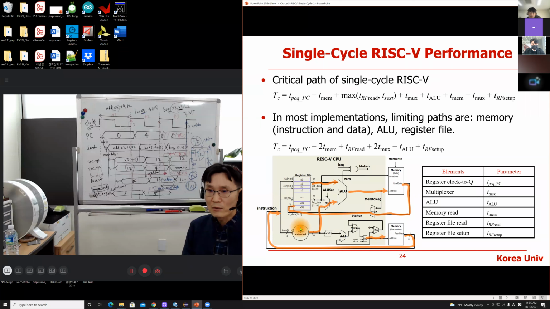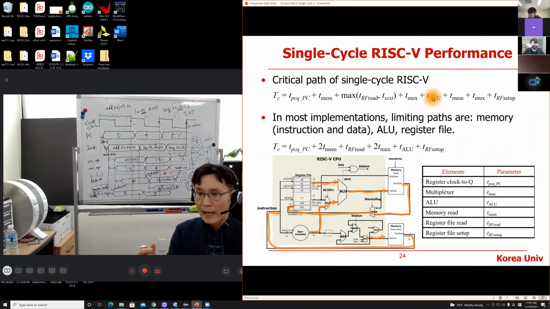Which one is taking longer? I think the register file, because it is a big component compared to sign extension logic, which is very simple. And then the multiplexer delay: the second source operand should go through this multiplexer, so mux delay. Then ALU delay, since the ALU is doing an addition operation.